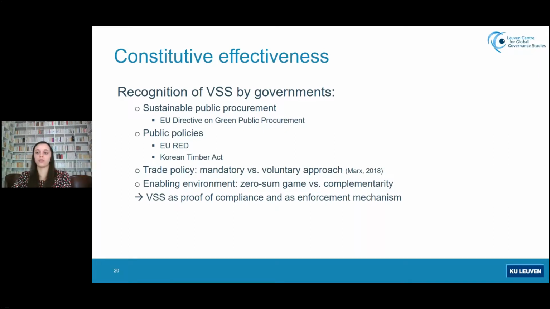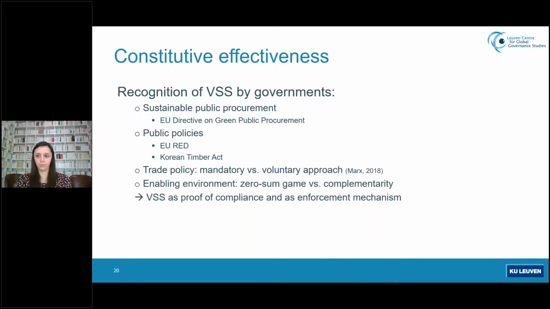But we see that this is not the case, and we have already seen that VSS can be really complementary to governments because they are a tool to enforce standards and monitor compliance, and VSS also have similar sustainability requirements as governments can have, and we saw that with the fact that a lot of VSS includes references to international conventions.